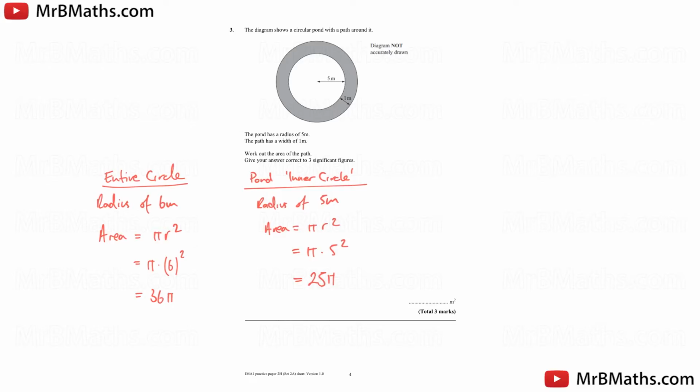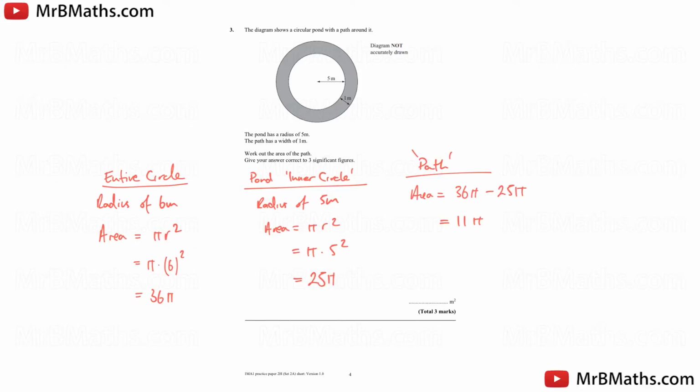So if we just worked out the entire area of the circle and we take away the inside of the circle, we'd be left with that grey shaded region. So the path would be 36 pi, take away 25 pi, and that will leave us with 11 pi.